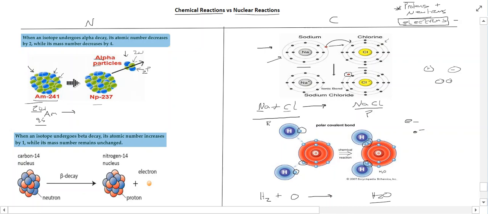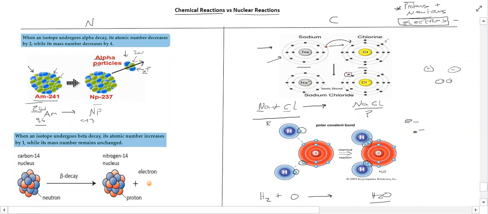So these 2 numbers are going to reduce, and it's going to change into a different substance. We put in the new atomic number. If we start off with 95 protons and we lose 2, we end up with 93 protons, the atomic number.